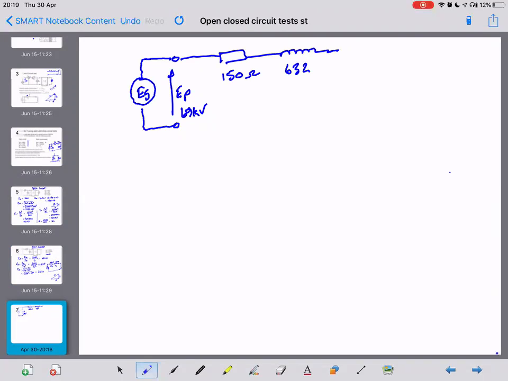And then here's our terminals where our secondary would be. So this voltage here is E2 dash. And then we're going to put our impedance over here, and we've got to connect Z dash.